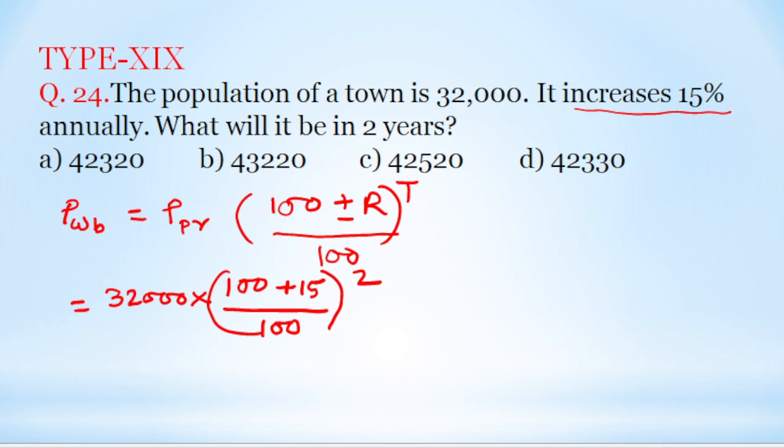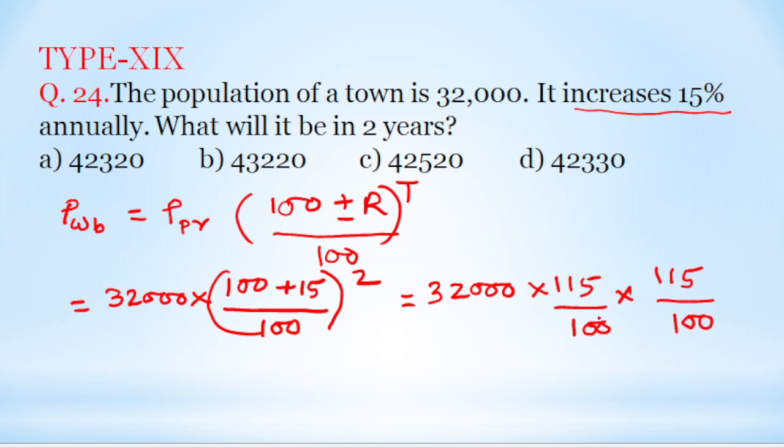So that is equal to 32,000 into 115 by 100 into 115 by 100. So here these two zeros cancel these two zeros, this 10 cancels this 10.